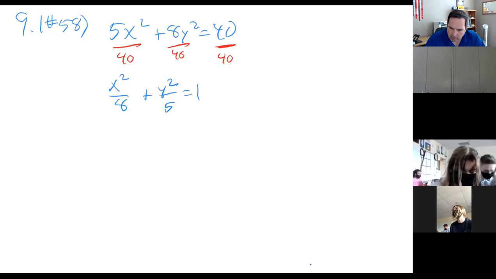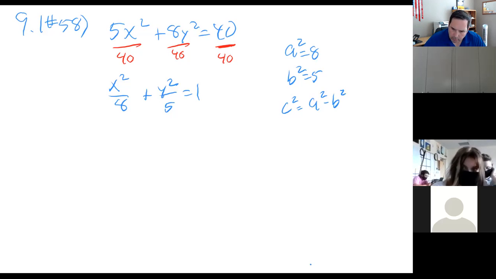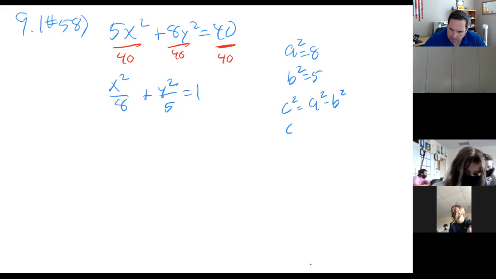So our a squared is 8, our b squared is 5, and now we've got to find c squared. Isn't c squared equal to a squared minus b squared? Yes. So c squared is going to be equal to 8 minus 5, which is 3. So c would be the square root of 3.